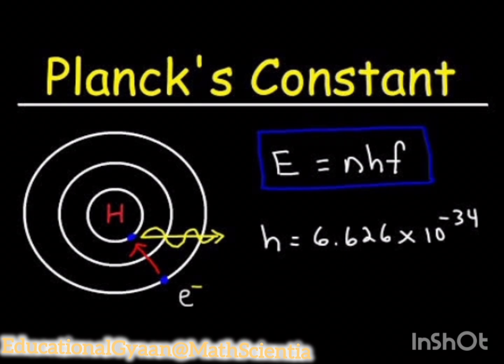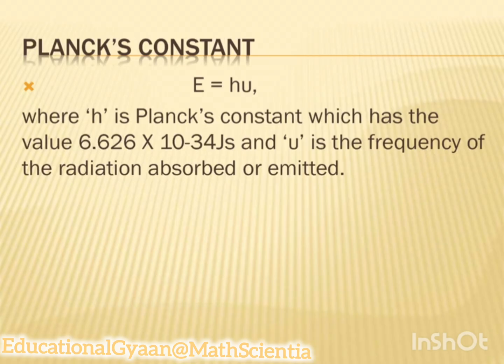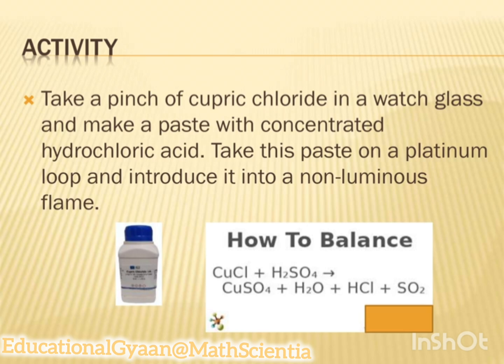Thus the absorption or emission of a light spectrum is a collection of a group of wavelengths according to Max Planck's proposal.